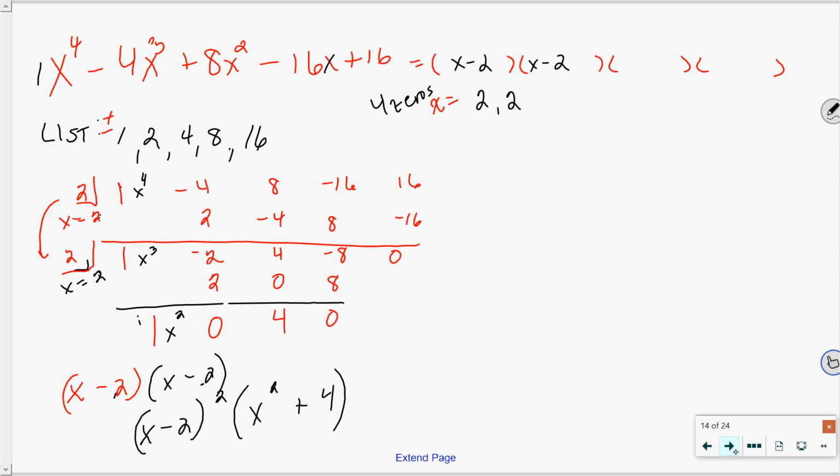All right, we got to take that x squared plus 4 and factor it. How does x squared plus 4 factor? How could I make this one come as 2 factors? How do I break it up into two factors? I could do the little box if I wanted to.